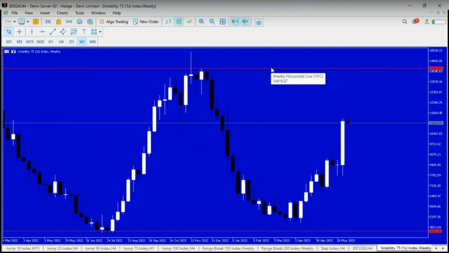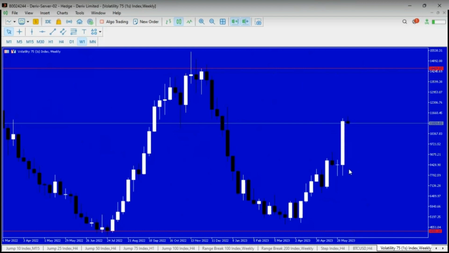So currently it is in the middle, but then according to the strategy that I'm using, we check our weekly time frame. We focus on the previous week candlestick. Okay, previous week candlestick.